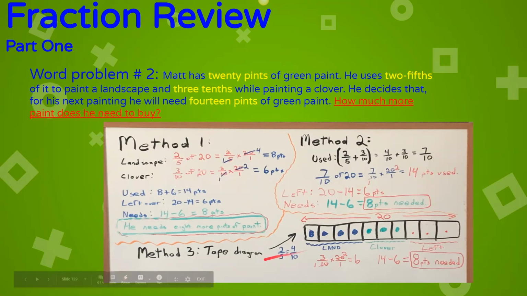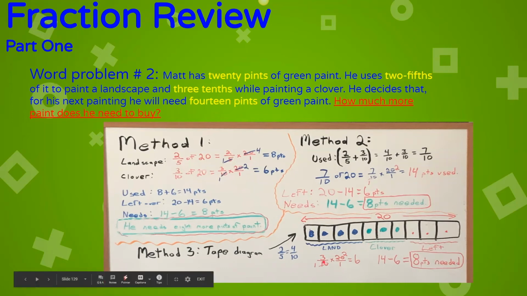Finally, we had method 3. If you wanted to use a tape diagram, we know that 2/5 is the same as 4/10. So since we can break our tape diagram, we can break our 20 units into units of tenths. We know the landscape was 1, 2, 3, 4/10 of paint. And then the clover, he used 1, 2, 3/10. So what did he have left? He had 1, 2, 3/10 of the 20.